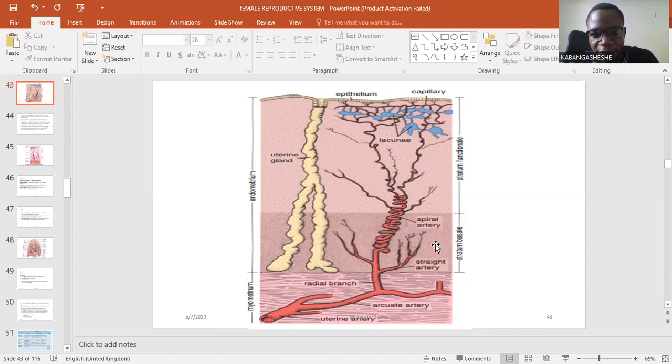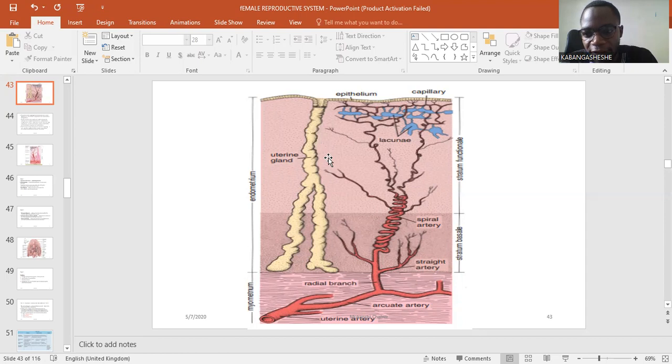Last but not the least, the mucosa of the uterus has glands. So you see that gland extending all the way deep into the connective tissue, which is a stratum compactum, spongiosum, and basale. Now, these glands appear differently if you examine the uterus in different phases.